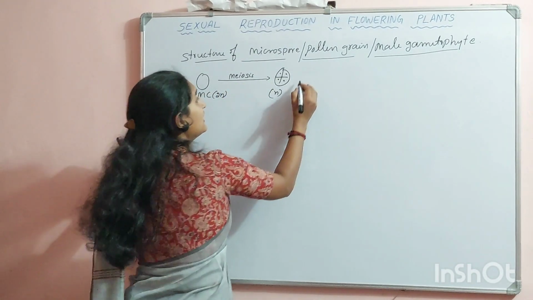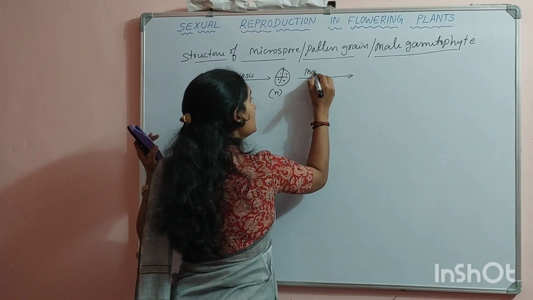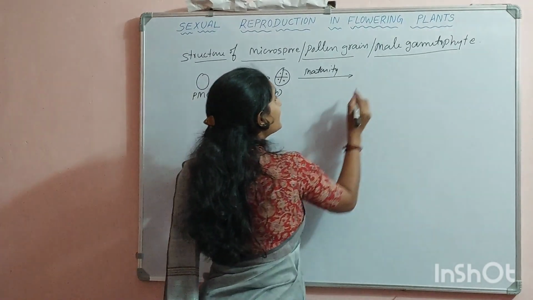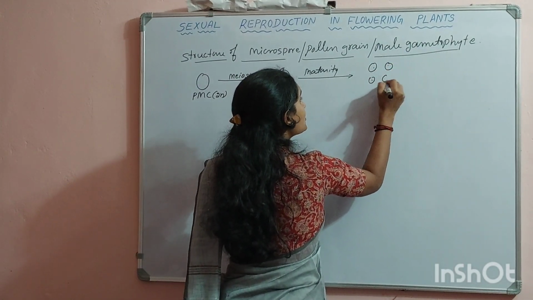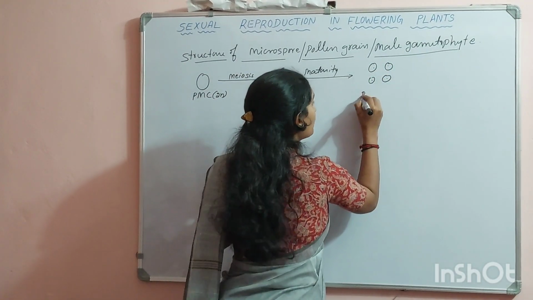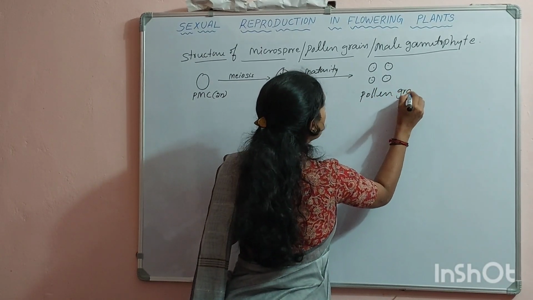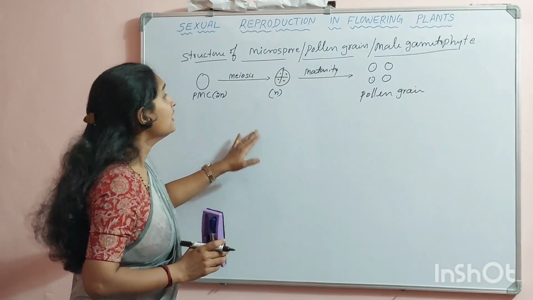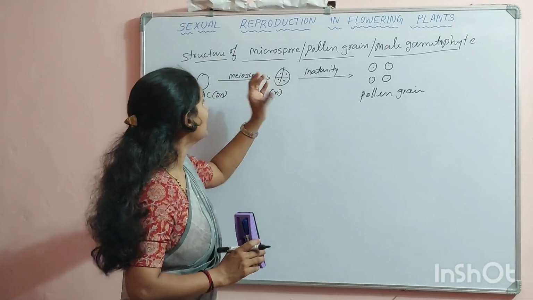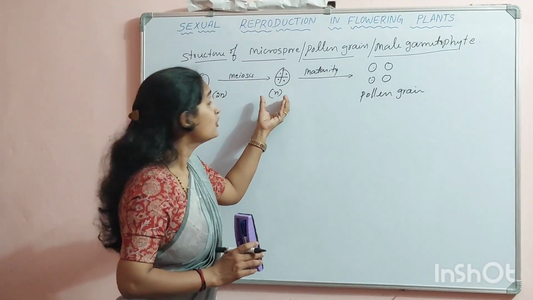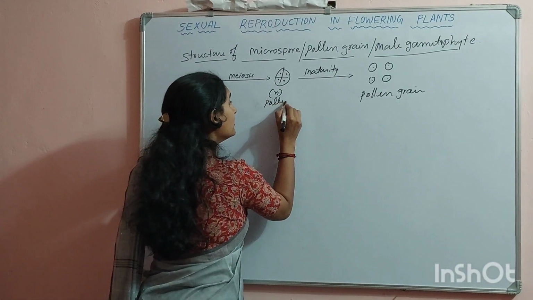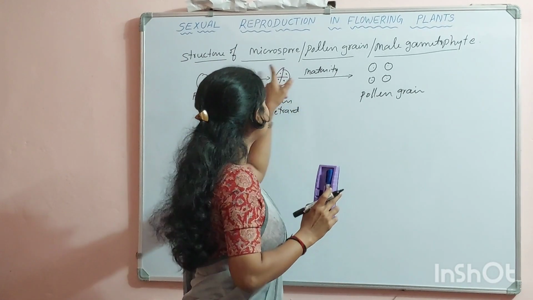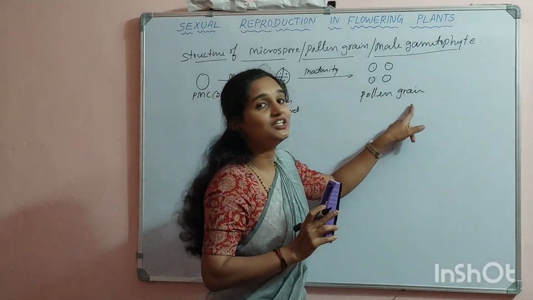Next, after the maturity of the anther, these pollen grains get separated from each other, and these are called pollen grains or microspores. When the anther matures, the pollen grains are in the form of a bunch of 4, so it is called a pollen tetrad, and after maturity it gets separated from each other to form individual pollen grains.